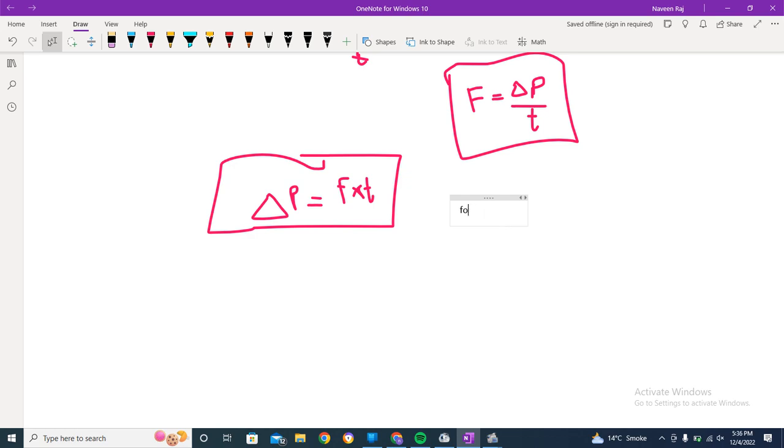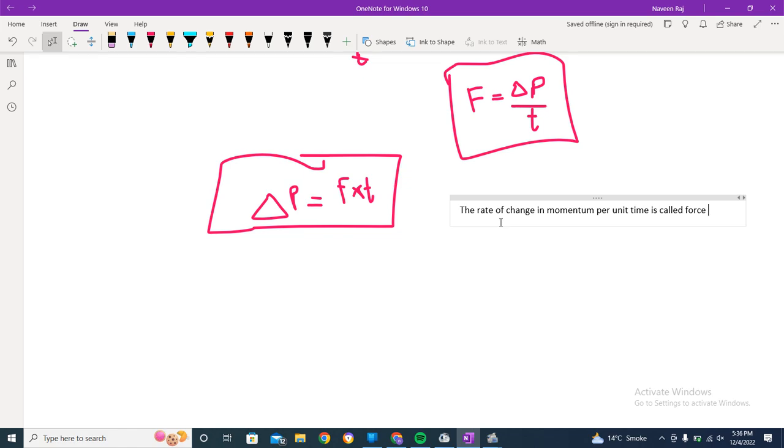In other words, let me tell you a tricky statement that will help you: the rate of change in momentum per unit time is called force.